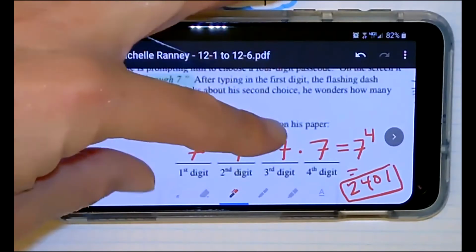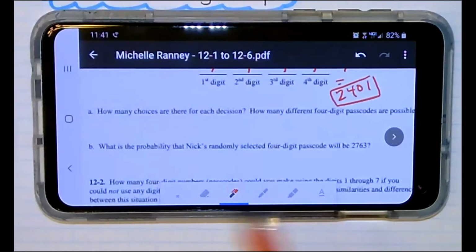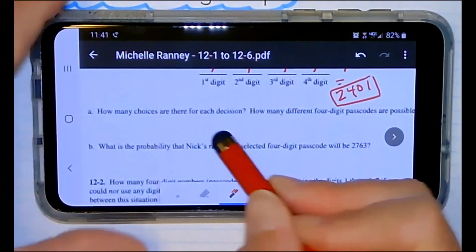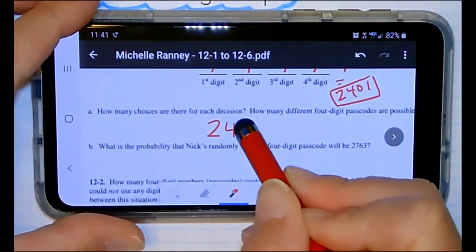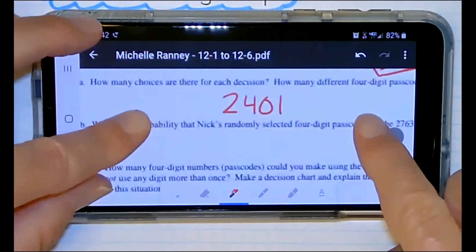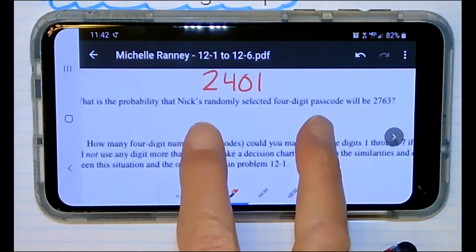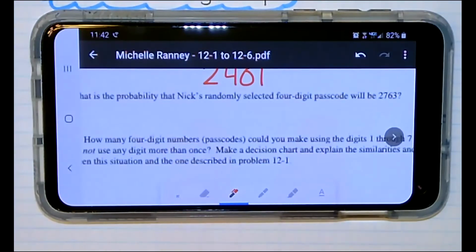So now, the second question here was just asking for the final answer. So that answer again was 2,401.